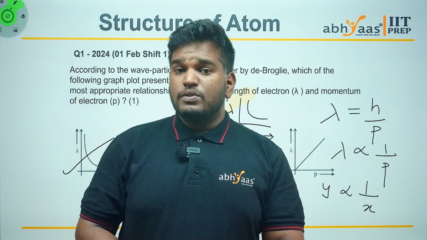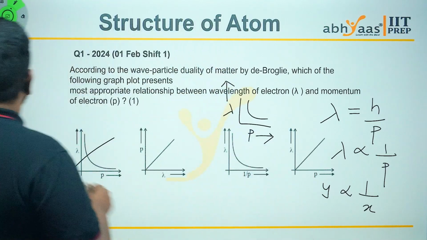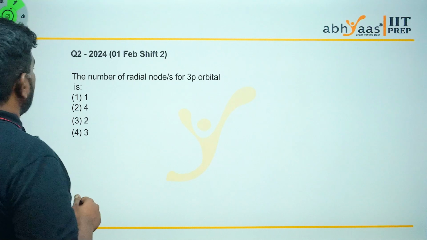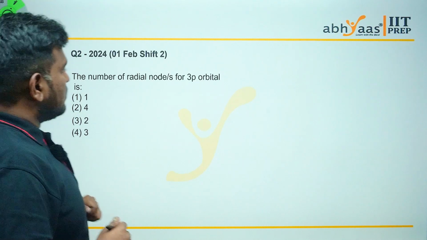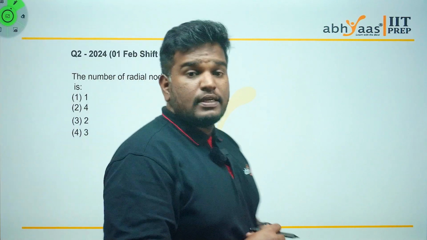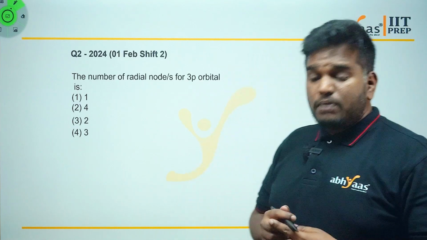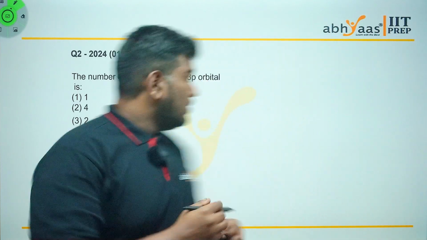Now we will move to the second question. Here, the second question: the number of radial nodes for the 3p orbital. So what is the formula for the number of radial nodes?